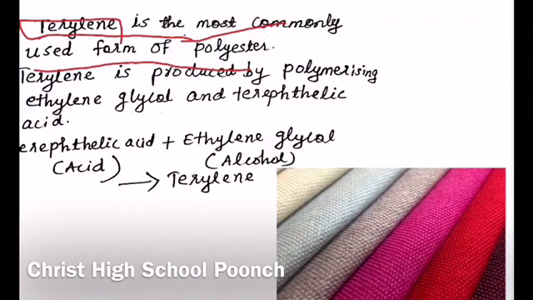Since terylene is a polyester, we obtain it by the reaction between acid and alcohol. Acid and alcohol react and form monomer units, esters, whose combination gives the polymers. For the preparation of terylene, the alcohol should be ethylene glycol.